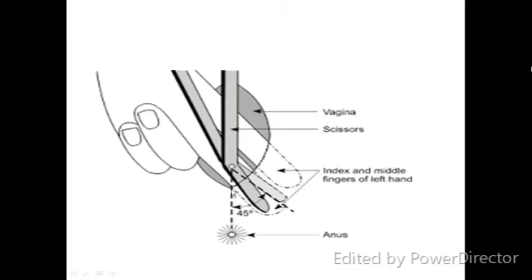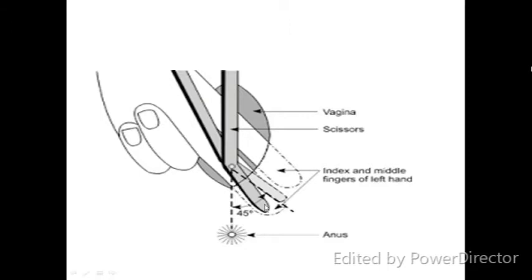If you are giving mediolateral, you have to infiltrate the lignocaine at 45 degrees. How do you infiltrate? Insert the needle at the forceps, up to 2.5 centimeters. After inserting the needle, first push back to see any blood. If there is no blood, then inject the lignocaine and come back up to the forceps.